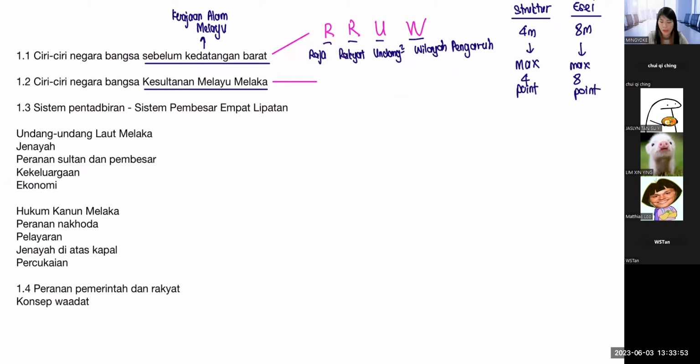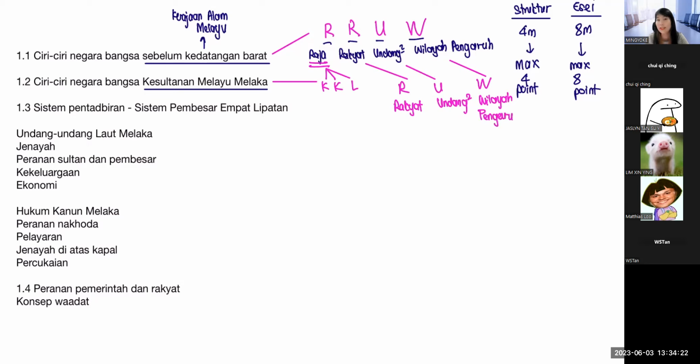So what we did is we expand our Raja to KKL. Raja to KKL, and then we continue with KKL, meaning our rakyat continue the same, undang-undang continue, and wilayah pengaruh continue.